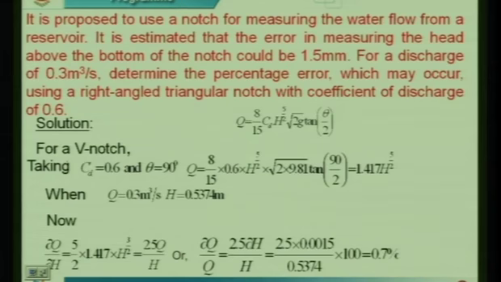What are the equations you need to remember? One is the discharge equation for a triangular notch. What is the discharge equation? Q is equal to 8 by 15 CD root 2g tan theta by 2 h raised to 5 by 2. That is the first equation you need to remember.